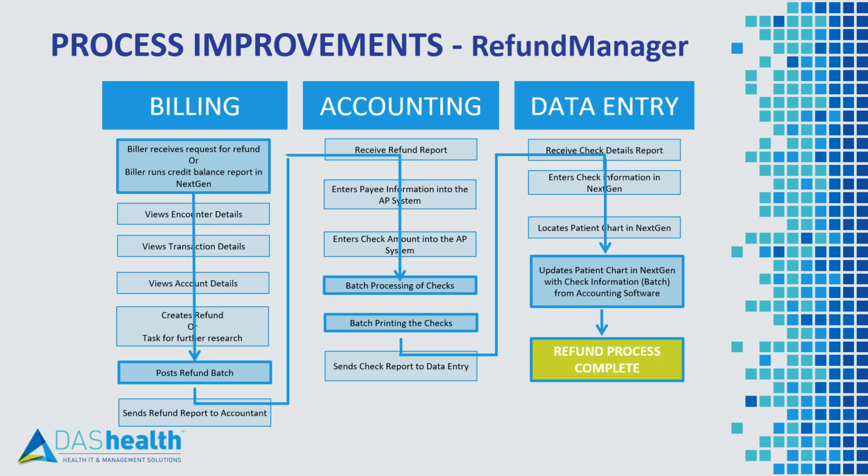We integrate with your accounting application, so accounting no longer has to enter the refund information into the accounting application. And on the back end, once all the refund checks are printed, we bring that printed check information, check number, check date, check amount, and update that on the patient account in NextGen. So manual entry of that no longer has to happen as well.